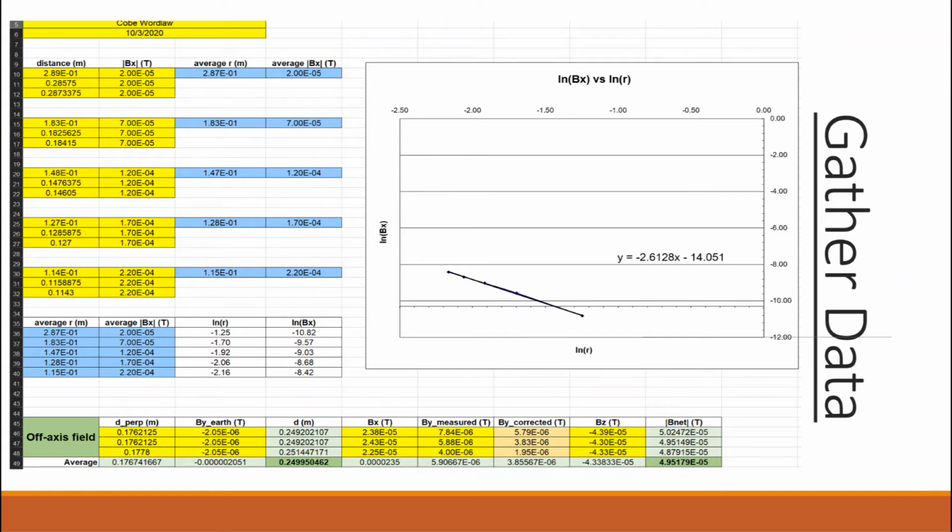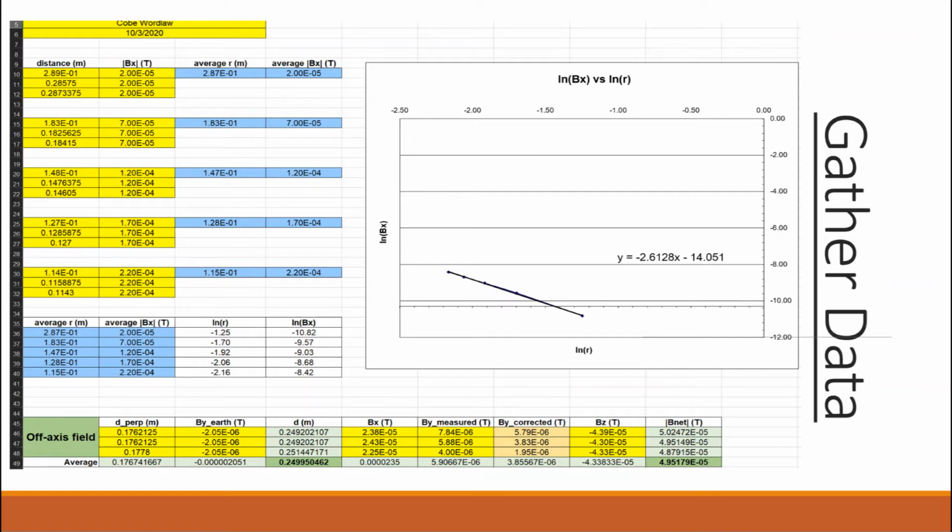So we wanted to take 3 measurements of when our BX is equal to 2 to the negative 5 microteslas and get that distance measured from where we found our chip in our phone to the magnet. So my average distance for that ended up being 2.87 to the negative 1 meters.